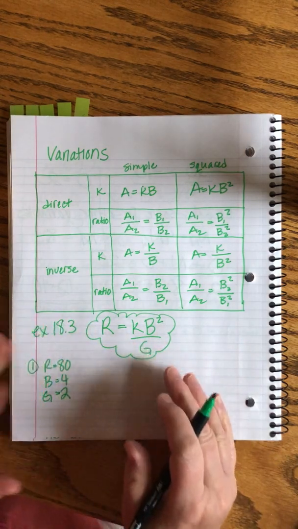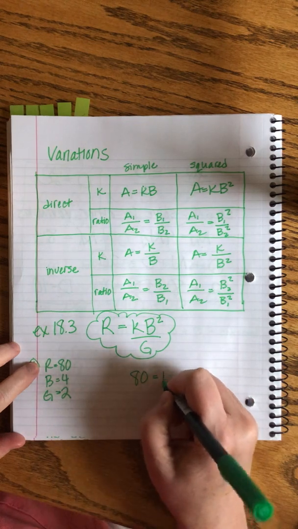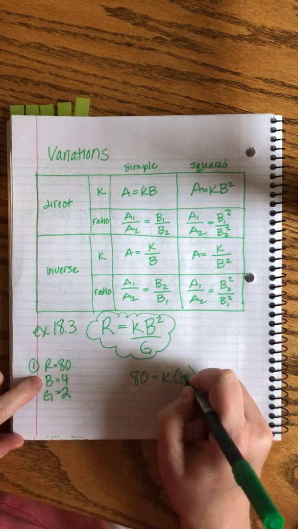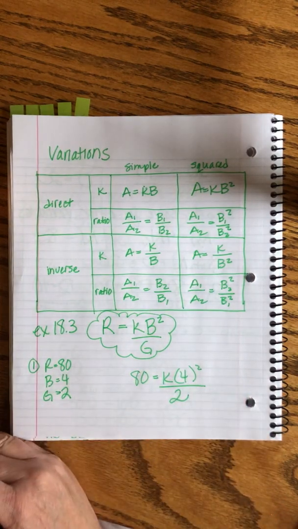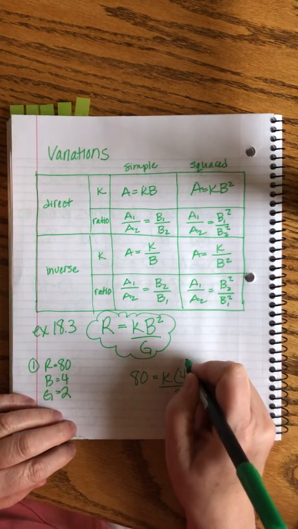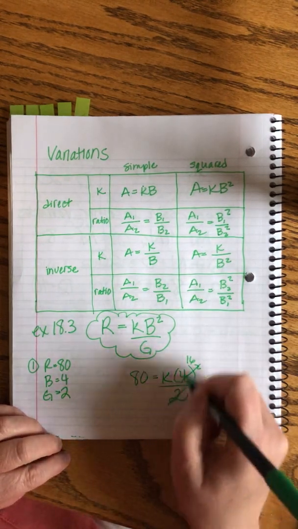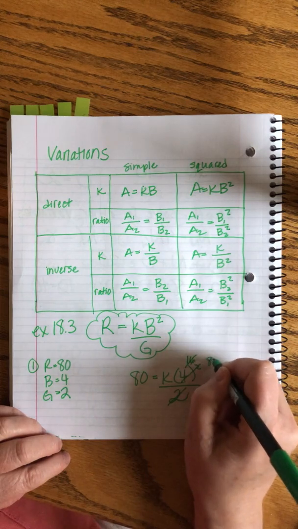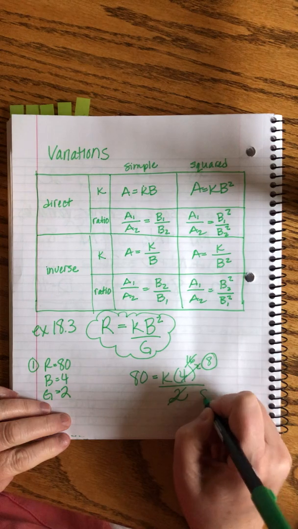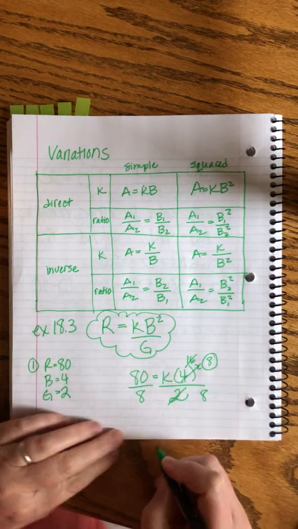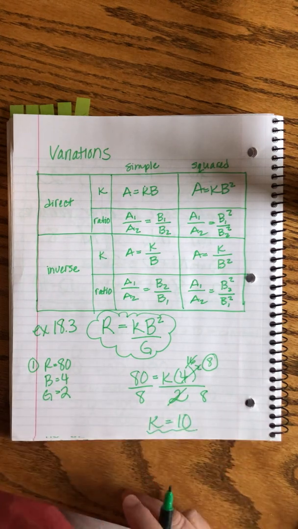Now we could rearrange this, but let's just go ahead and do the algebra as it is. 80 equals k times 4 squared all over 2. All right, 4 squared is 16. 16 and 2, we can simplify that with an 8. I'm going to circle that because it's gotten confusing, a lot going on. But now all I have to do is divide both sides by 8. So we get k equals 10. Oh, that's so cute and easy, right?